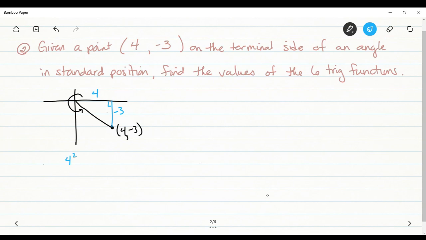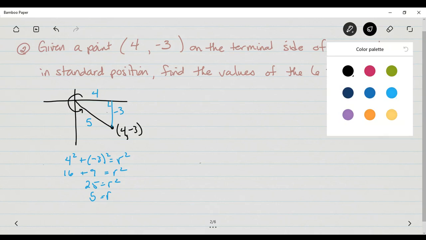And if we do that quick Pythagorean theorem again, you may hopefully not have to do this because this is a very popular Pythagorean triple, 25 is r squared, so then our radius in this case ends up being 5.